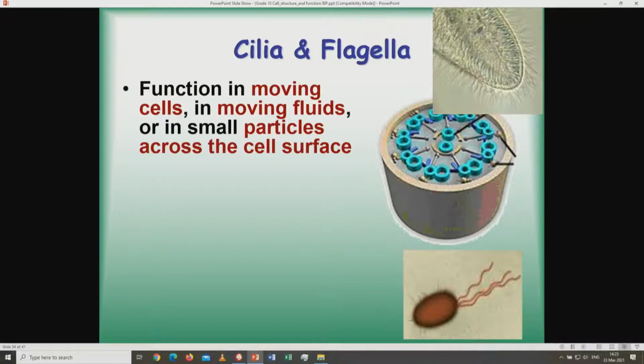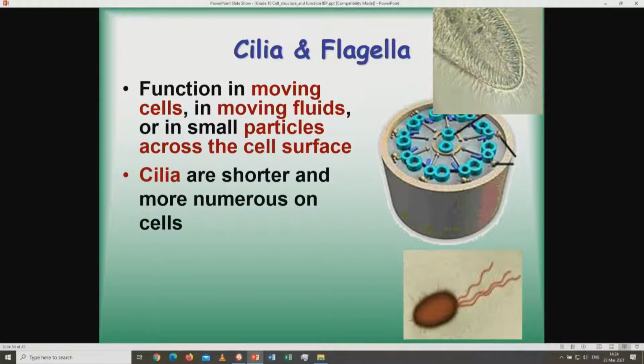nucleus. Now, the cilia and the flagella are for moving cells, moving fluids, or small particles across the cell surface. So it helps everything to move inside the cell and to function.